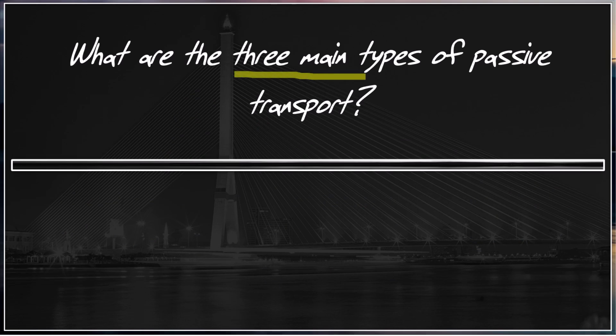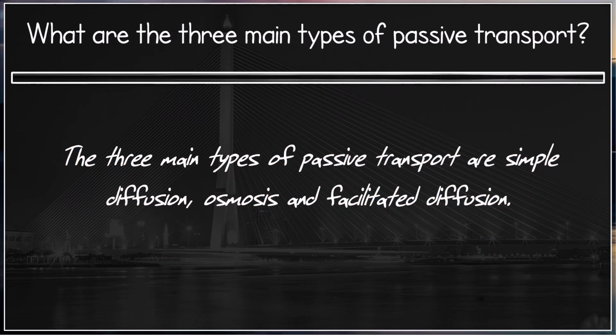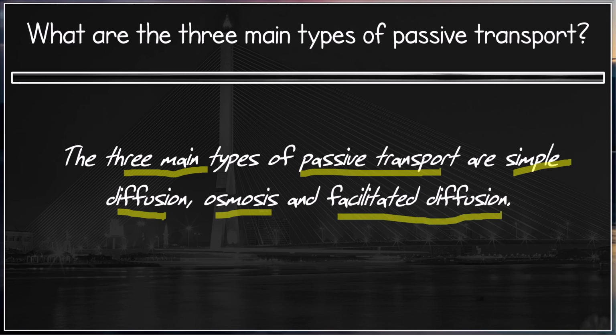What are the three main types of passive transport? The three main types of passive transport are simple diffusion, osmosis, and facilitated diffusion.